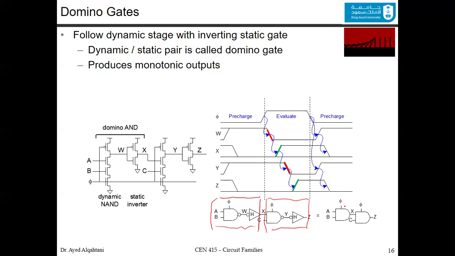This means that this is a domino, which is composed of a NAND and inverter inside. Okay? So now this is the first time that we reach this point where, for example, you want to design a circuit, let's say the circuit that you want to design is called X. And X is A ANDed with B.